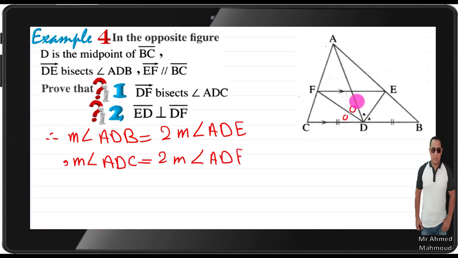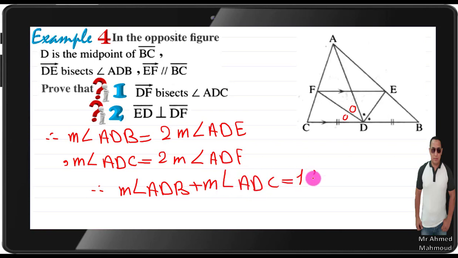Now angle ADB plus angle ADC together equal 180. Therefore the measure of angle ADB plus the measure of angle ADC equals 180.